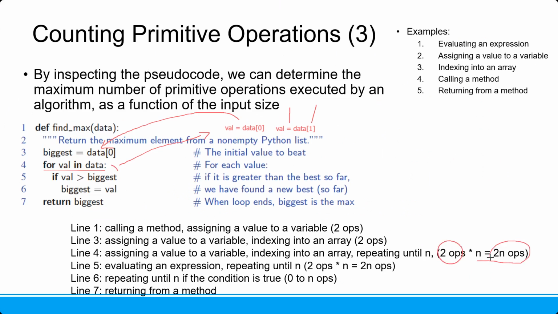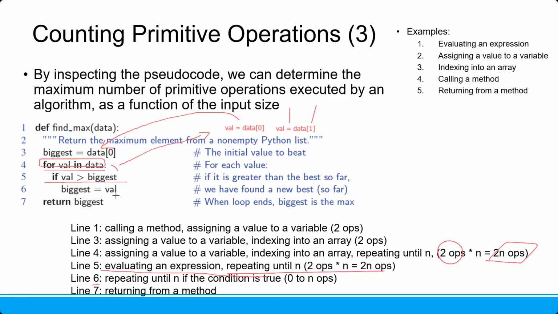Then we can say this is 2n operations. Line 5, it is the evaluation. The evaluation will be repeated until n times because we do the repetition.